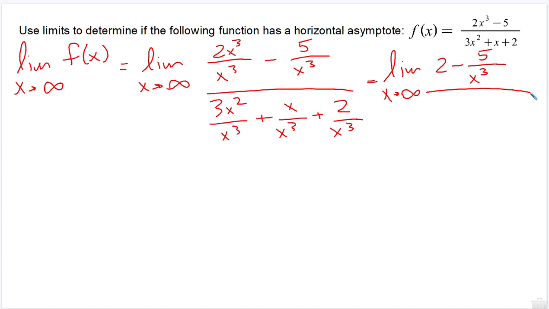And in the denominator, 3x squared over x cubed is just going to be 3 over x plus 1 over x squared plus 2 over x cubed. And now, as we go towards infinity, the only constant that we're going to have left is going to be that 2, and everything else.